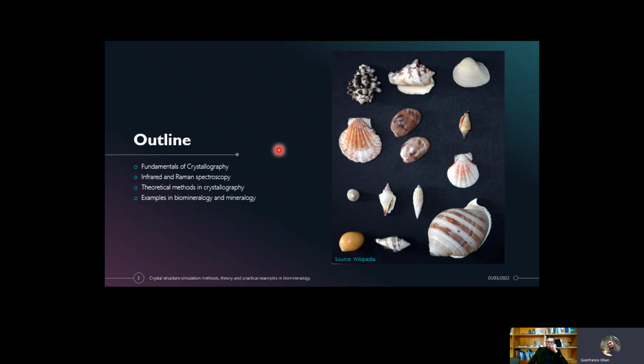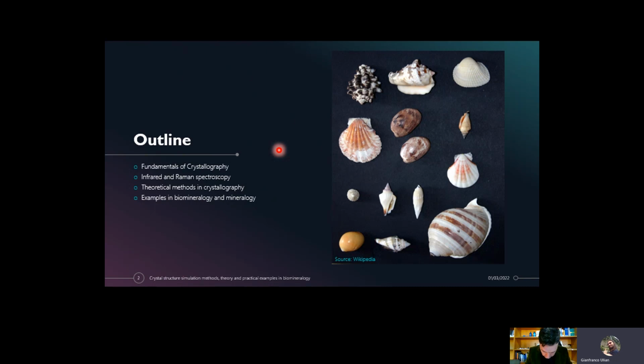Perfect. Okay, so the outline of my presentation is here in this slide. You can see that we'll start with some fundamentals on crystallography. Then we'll see some topics related to the infrared and Raman spectroscopy, some theory and some applications, obviously.